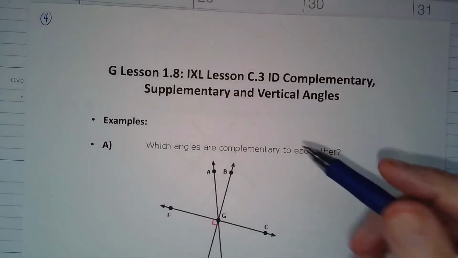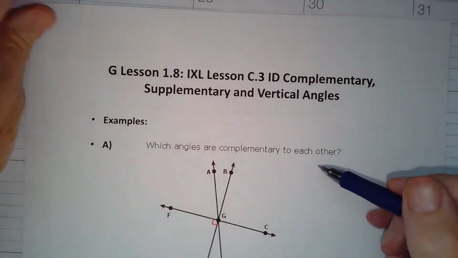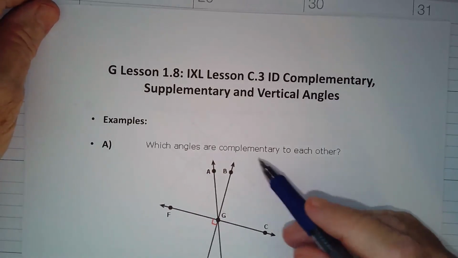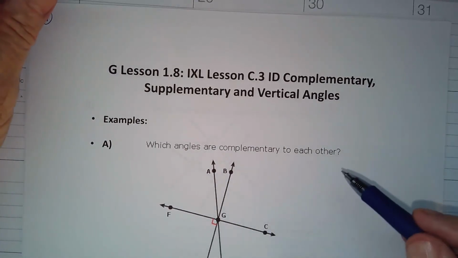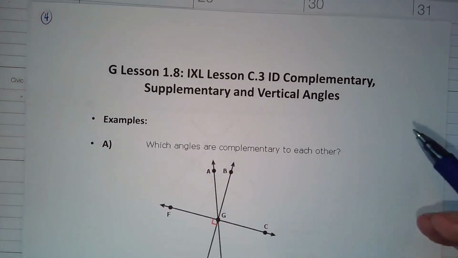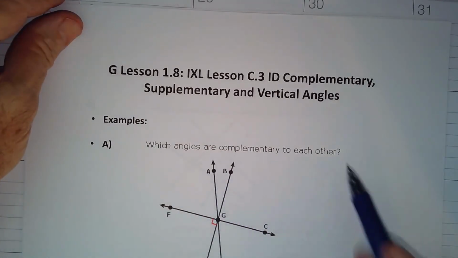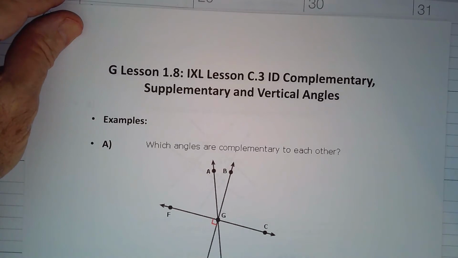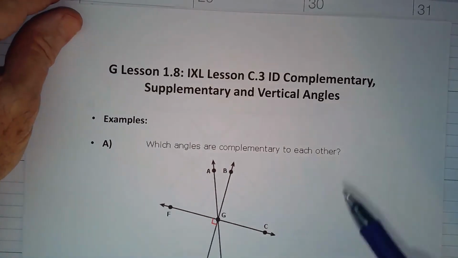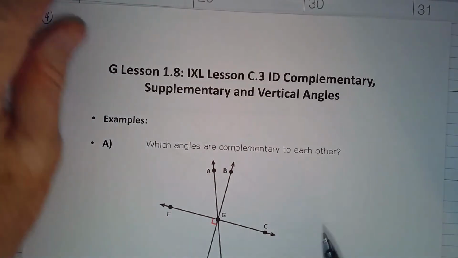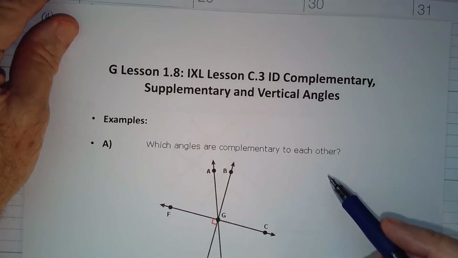Now we're going to go to the actual examples of the pictures. So they want to know here what angles are, whatever the type of angle is. So it says what angles are complementary to each other in this first example. So I'm looking at this and I say complementary means that they are together 90 degrees.